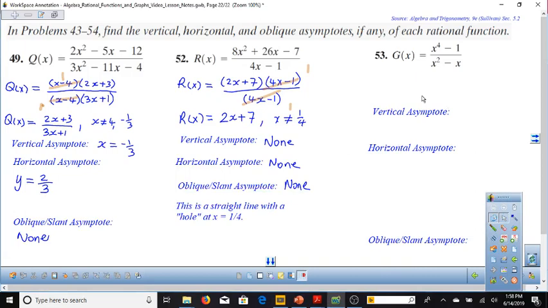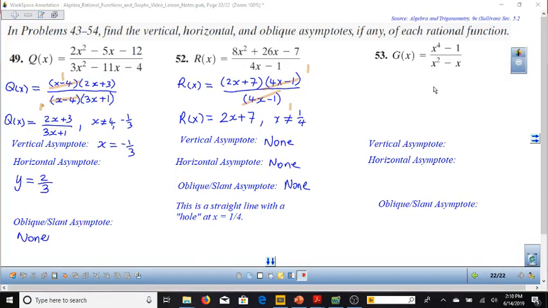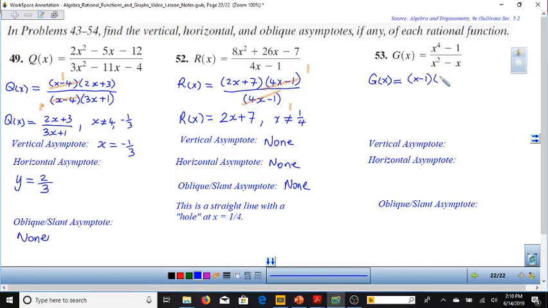So let's take a look at the last example here. We are going to factor this rational expression, g of x. The numerator factors to be x minus 1 times x plus 1 times x squared plus 1, and the denominator factors to be x times x minus 1.